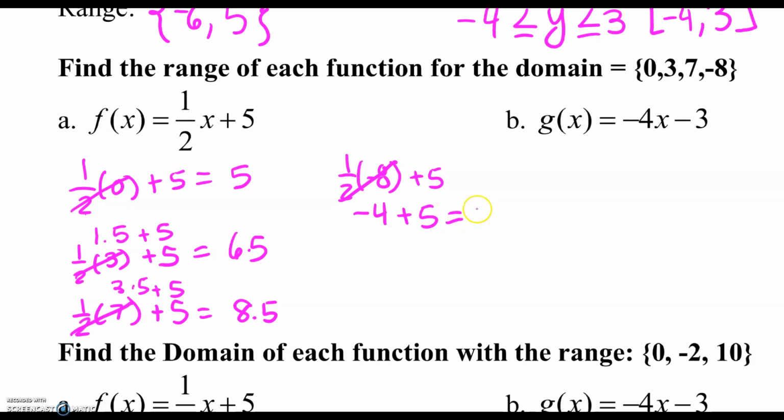We actually subtract and get 1. So the range in this case would be 5, 6.5, 8.5, and 1. I didn't list them in numerical order, but I did list all the answers, so that should be good enough. We'll do the same thing with G.